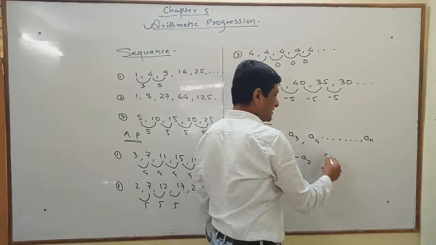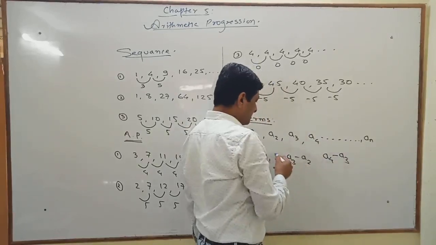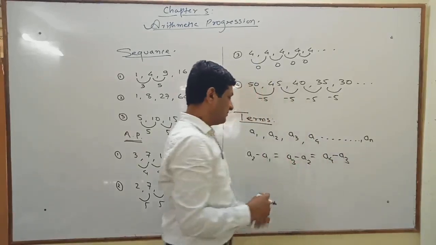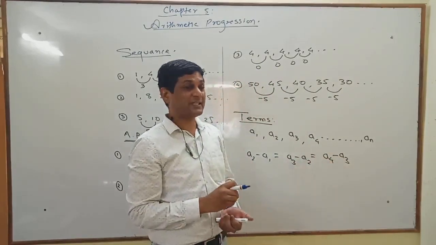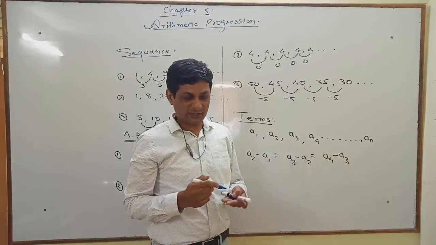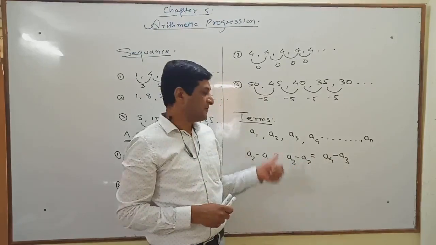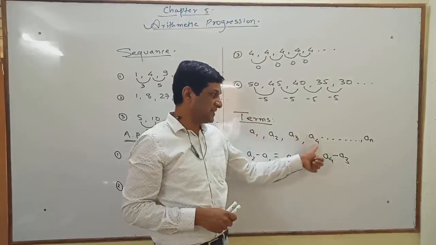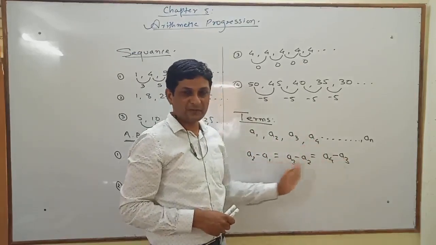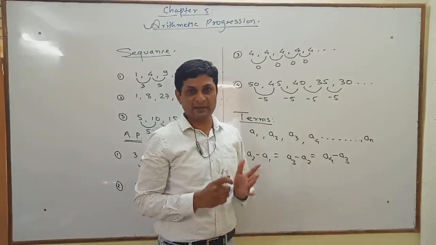Then find the difference of A4 with its previous term A3. And if this difference is constant, at that time we can say that the given sequence is an arithmetic progression. It means that to check whether a given sequence is arithmetic or not, find the difference of any term to its previous term. Again, use the same method. If these differences are constant, we can say that the sequence is arithmetic.